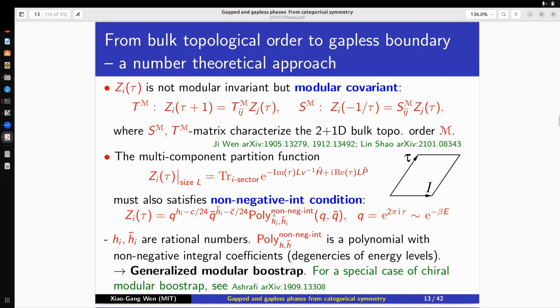So this polynomial is not an arbitrary polynomial of tau or Q. It's a polynomial with an interpretation that the expansion coefficient is the degeneracy of that particular energy level. Therefore, the expansion coefficient is a non-negative integer. This is a very important condition. So this is an amazing function, a polynomial with non-negative integer expansion coefficients.